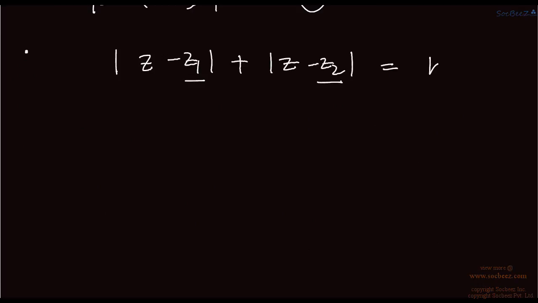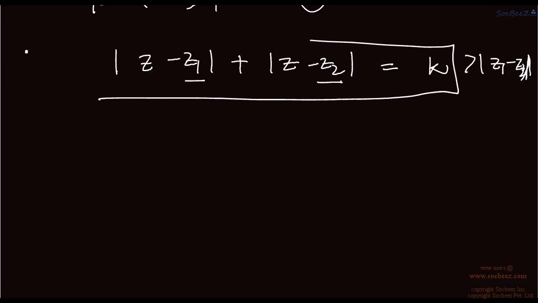So the next formula, this was about the circle. And then the next formula is about the ellipse and hyperbola. If an ellipse is given, then it will be mod of z minus z1 plus mod of z minus z2, because an ellipse has two foci. So this is one of the foci, this is the second focus, is equal to k, which is always greater than mod of z1 minus z2. So this is the locus of an ellipse. z is the locus of an ellipse whose foci are z1 and z2.